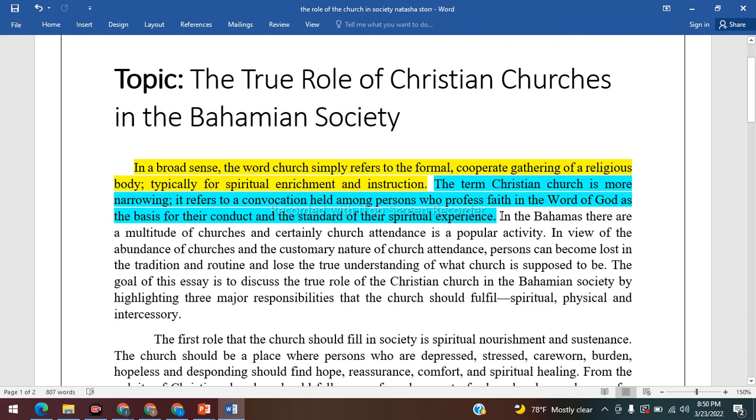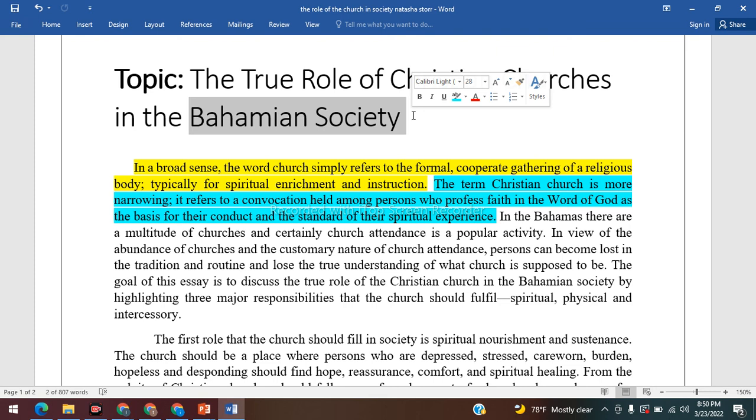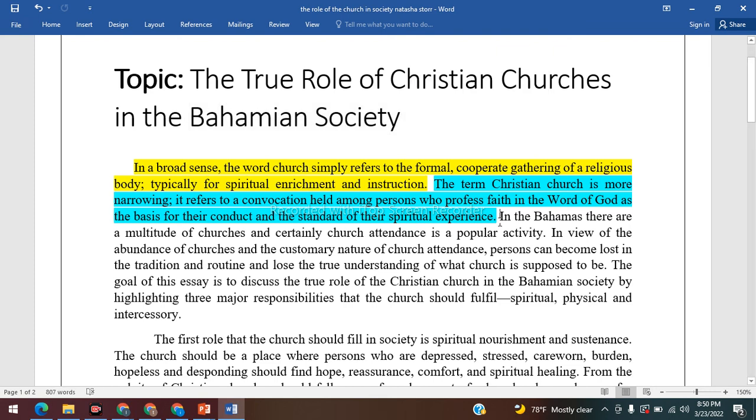Good. Now I'm getting more narrow, because this is talking about the role of the church in the what? Bahamian society. So now I'm giving some background information about how Bahamians feel about church and what they do. So I said, now in the Bahamas there are a multitude of churches, and certainly church attendance is a popular activity.